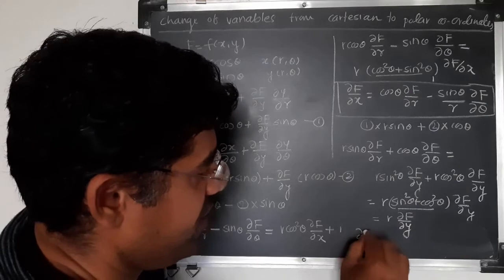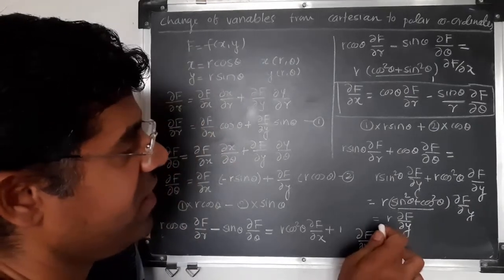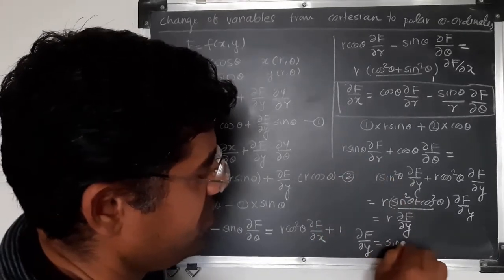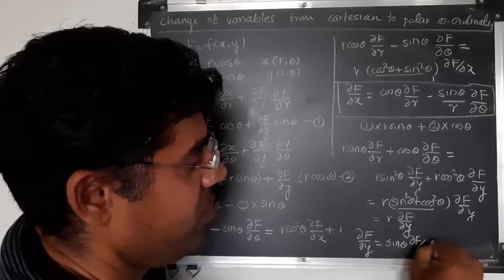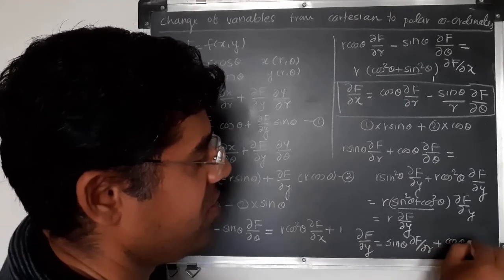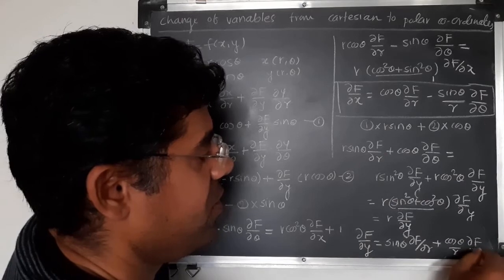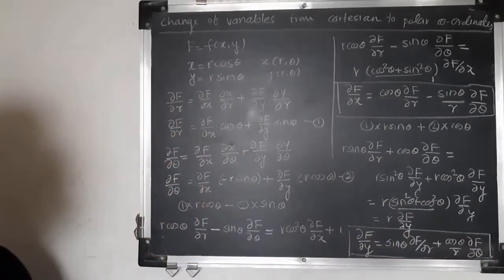From this I can write ∂f/∂y, and r I will send over here. So this is sin theta ∂f/∂r plus cos theta upon r ∂f/∂theta. So this is my second equation.